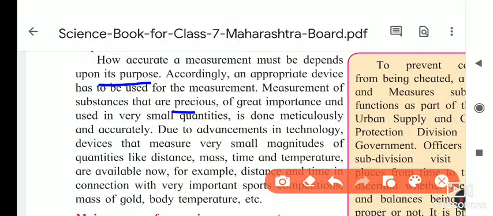Suppose we have to measure gold, which is very costly. If even 1 gram difference is there, then the shopkeeper will face a loss in his business. So for this purpose accurate measurements are very important.